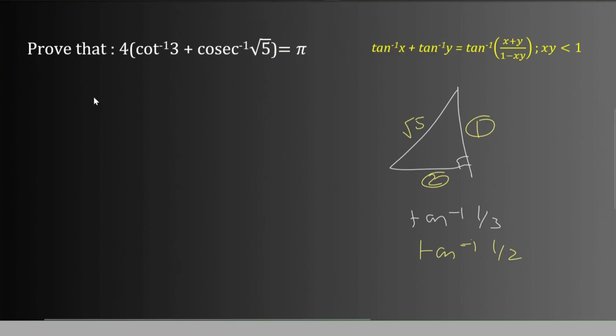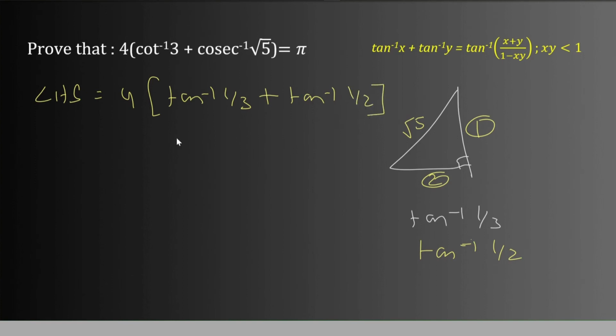So let's say this is our LHS. LHS is 4 times cot inverse root 3, which as I said can be written as tan inverse 1 over root 3, and cosec inverse under root 5, which in terms of tan can be written as tan inverse 1 over 2.